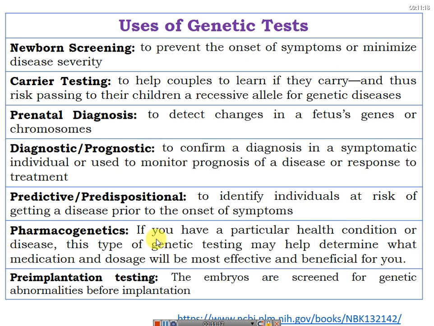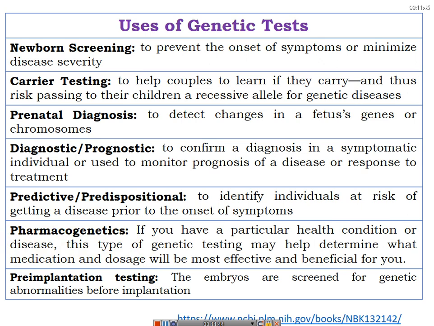Then pharmacogenetics purposes, for those also we can carry out genetic tests. If any person has a particular health condition or disease, in that case this type of testing can be done to determine which medication, which dose, will be most effective and beneficial for that person. Okay, so pharmacogenetics.